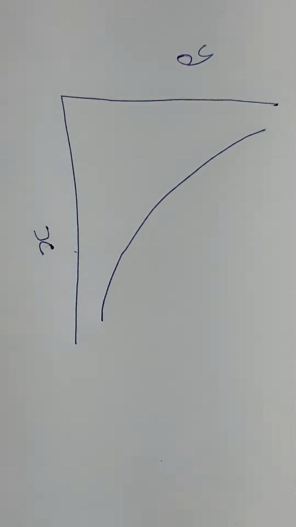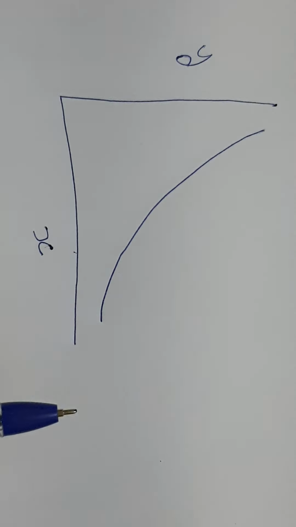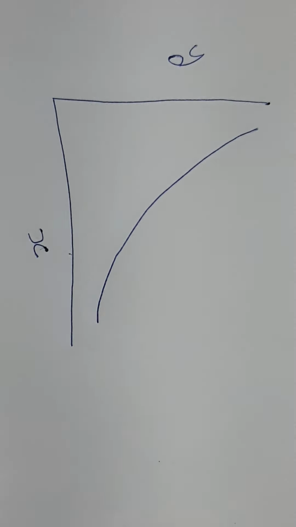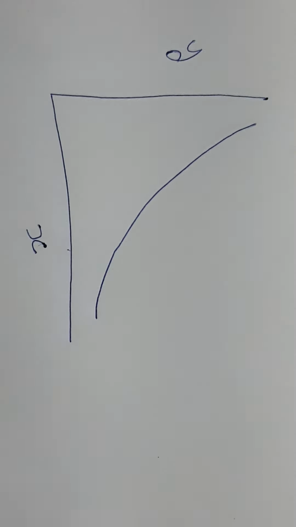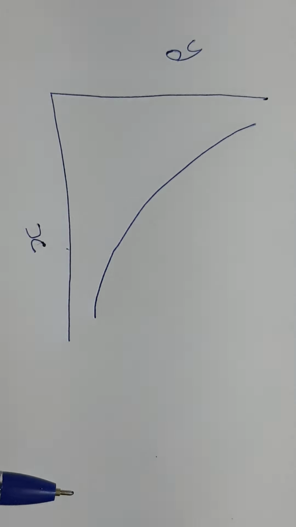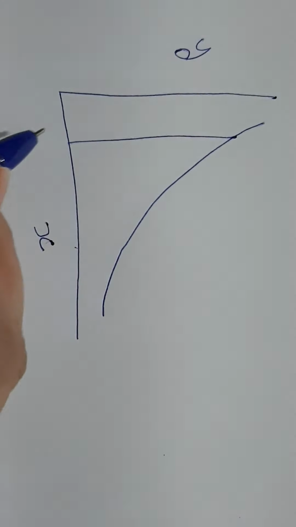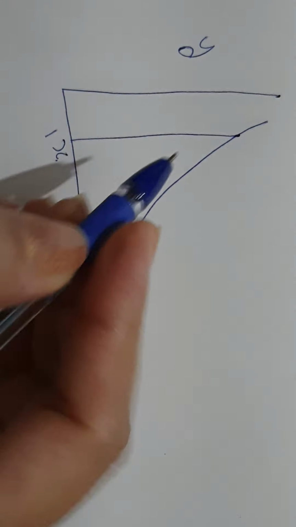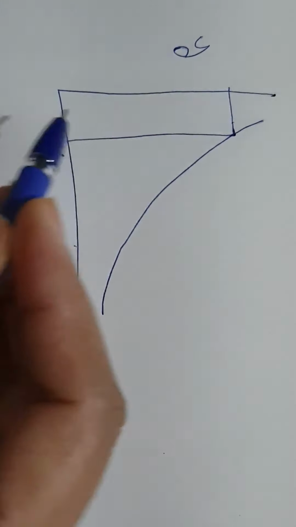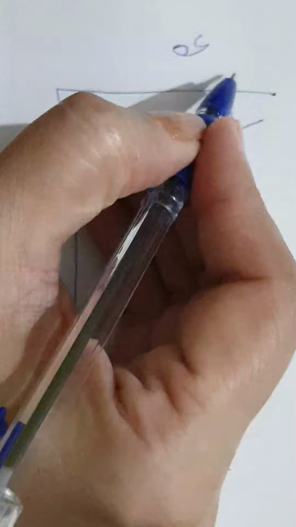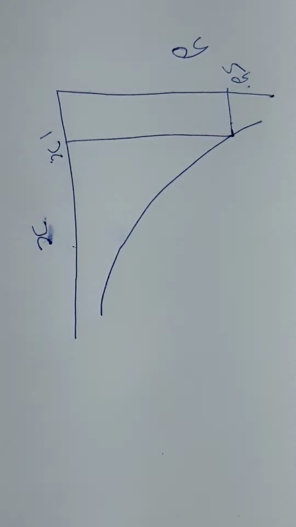That is the definition of the indifference curve, that it shows only those combinations which provide the same level of satisfaction. So when you were consuming 1 X, suppose you were consuming 5 Y, suppose.